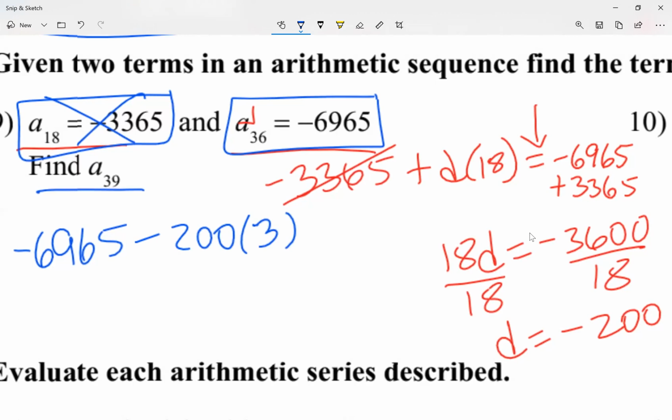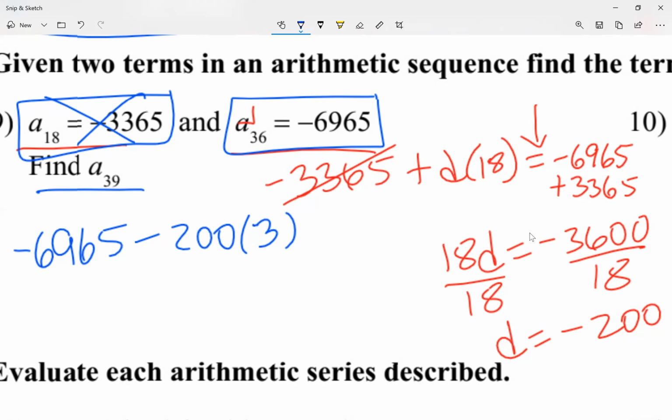From the 36th number to the 39th, isn't that 3 times? Now we're in Algebra 2, so I don't have to explain that we multiply before we subtract. Negative 6,965 minus 200 three times.